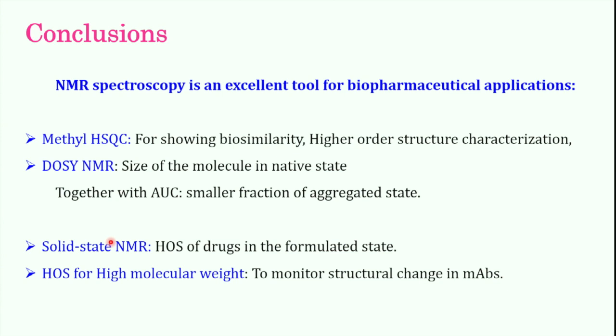And if you combine that with analytical ultracentrifugation, you can even detect the smaller fraction of aggregates. So DOSY and AUC can go hand in hand for characterizing the aggregation or degraded state of various biopharmaceuticals, and batch to batch analysis can be done using proton NMR in a quicker and simpler way.